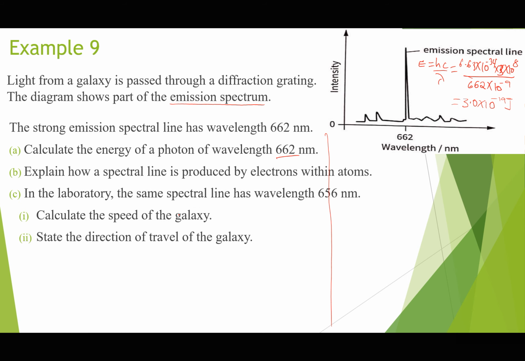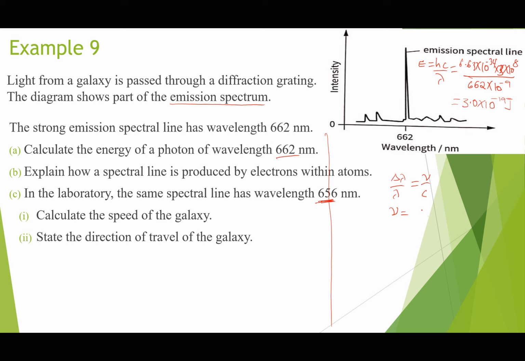In the laboratory, the same spectral line has wavelength 656. So this is the actual wavelength, the known wavelength in the laboratory. Calculate the speed of the galaxy. We know that the change in wavelength over the wavelength in the laboratory is equal to v over c.